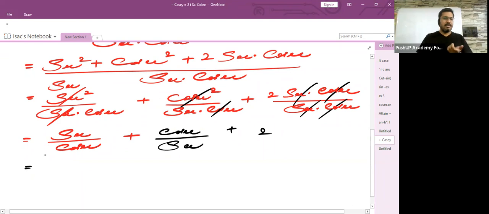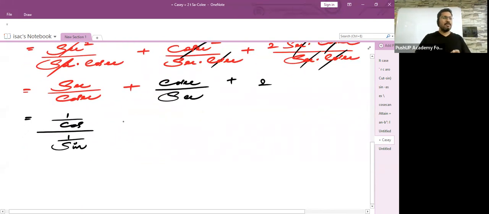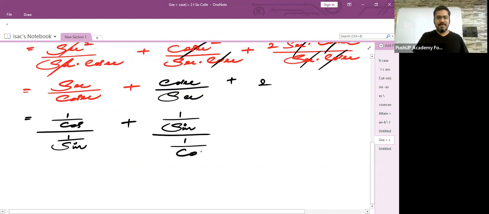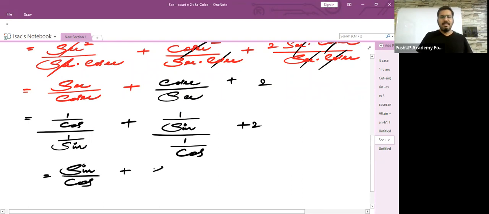What is sec upon cosec? I think this is tan. Sec is 1 upon cos, cosec is 1 upon sine. 1 upon cos upon 1 upon sine is sine upon cos, which becomes the tan function. Plus, here we are getting cos upon sine.